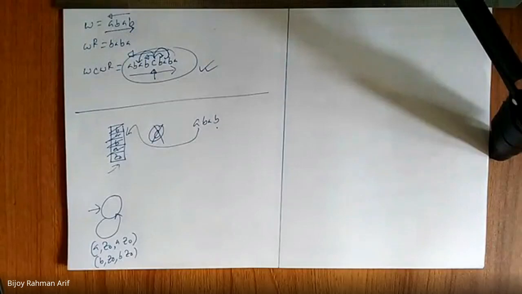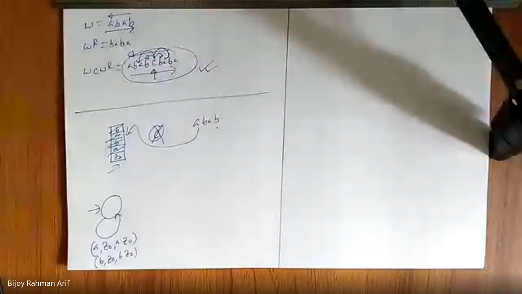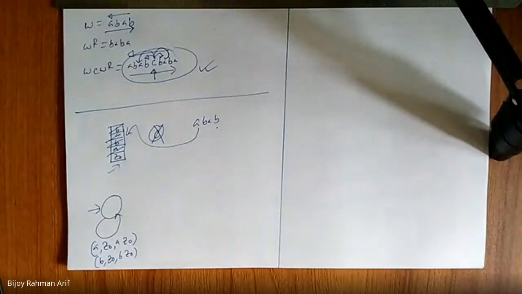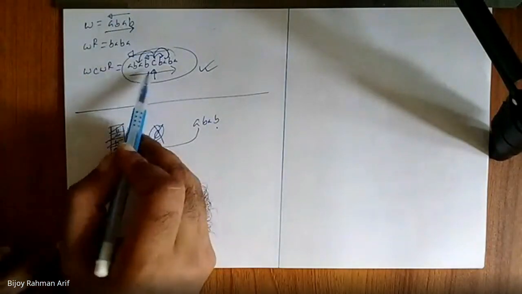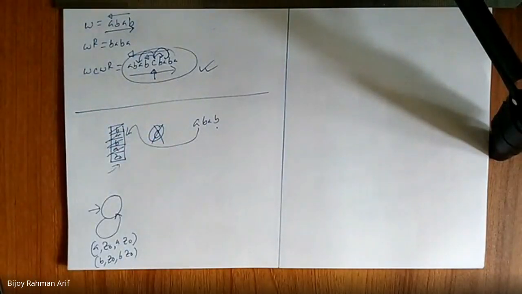Why do we need to go to another state? What is wrong if we stay in the same state? Listen, before getting the center, which order we get A and B does not matter. If we get B after A, or B after B, or A after A, it does not make any difference. Am I right?